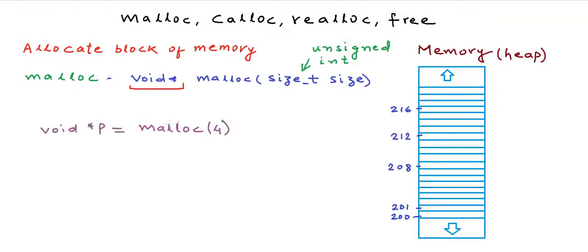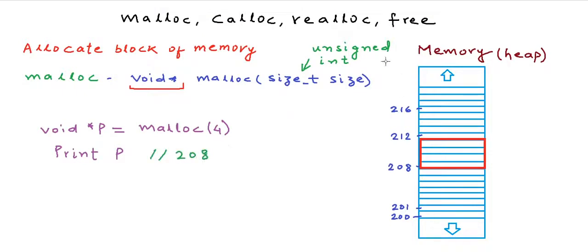Let's say we store the address returned by malloc in a void pointer variable. Now let's assume that this particular rectangular block that we are showing here in red is what gets allocated against this call to malloc. These are 4 bytes. The starting address is 208. So what will be the address in P? If we want to print the address in P, then what will be the output? The output will be 208.